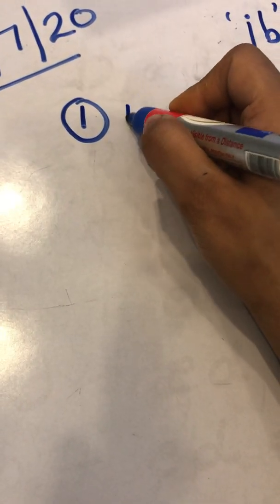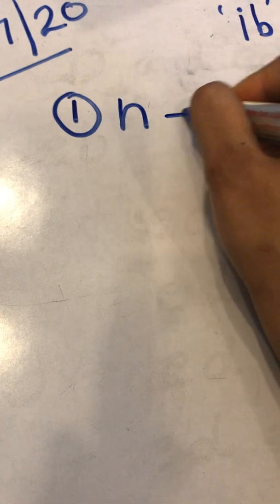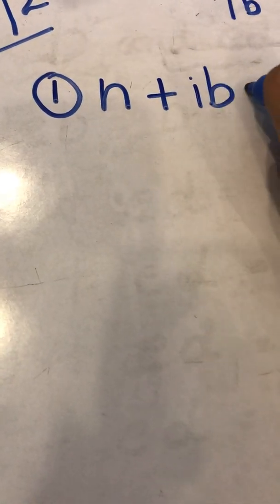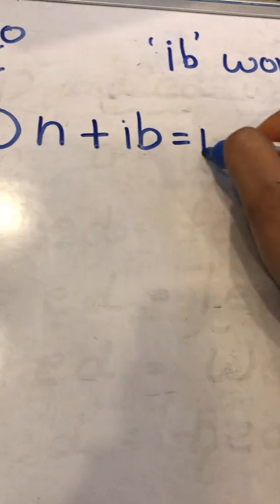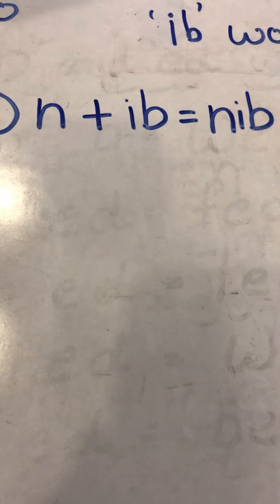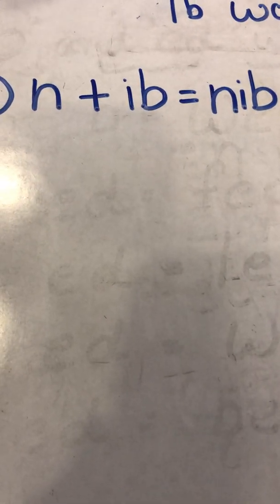How will we write nib? Na plus ib is equal to nib. Nib is the pointed end part of the pen with the help of which we write. The nib distributes the ink, so nib is the part of the pen through which we write.